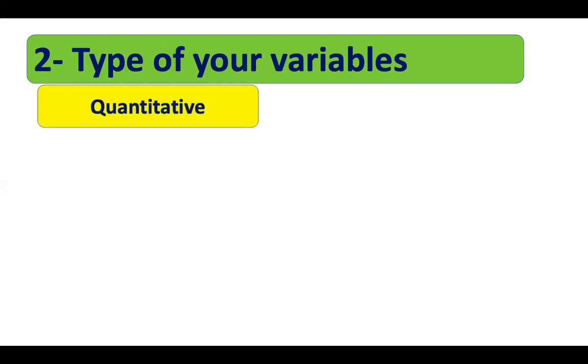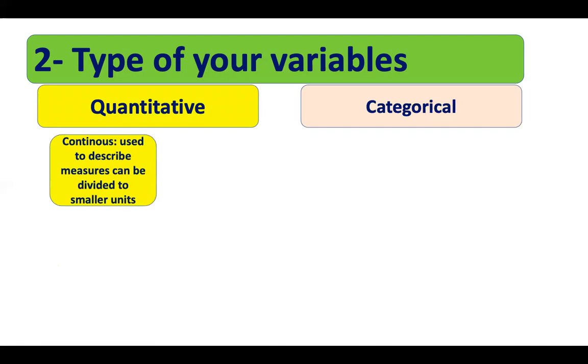Your variables may be quantitative variables or qualitative variables. Qualitative means categorical variables. So quantitative or categorical. For a quantitative variable, it may be a continuous variable or a discrete variable. A continuous variable describes measures, and it can be divided into smaller units.